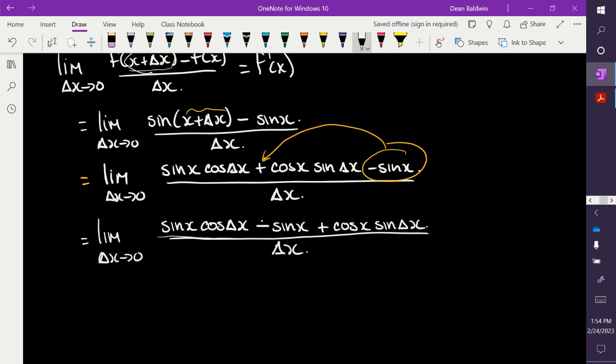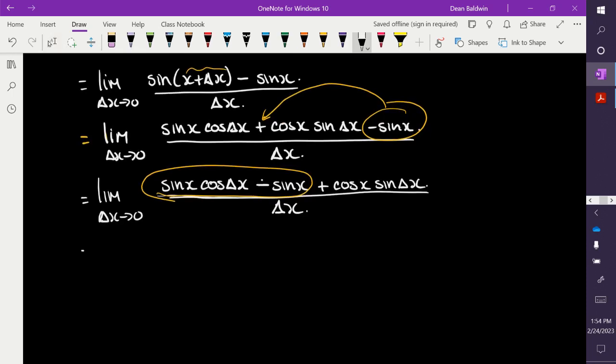Okay. See this bit right here? Can I take anything out of there? You can take a sine x out, right? Does everybody agree with that? Okay. I am going to take a negative sine x out, just because.